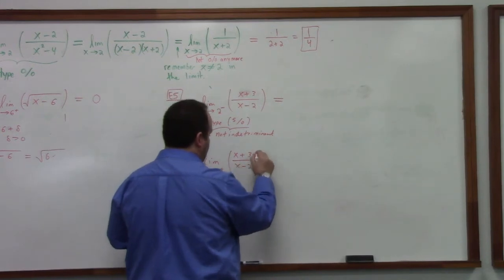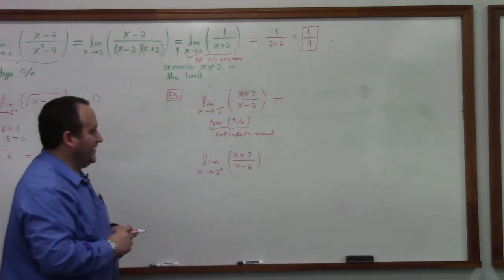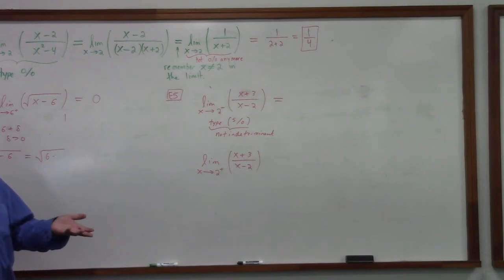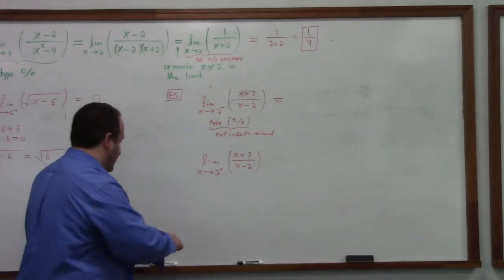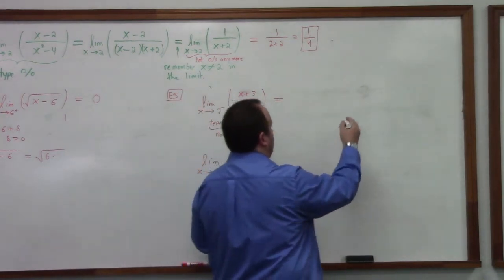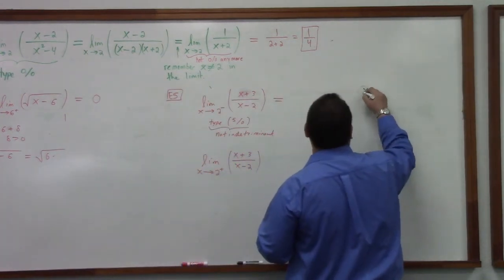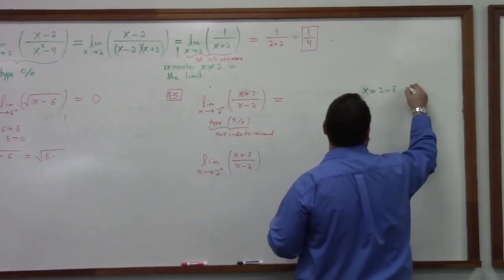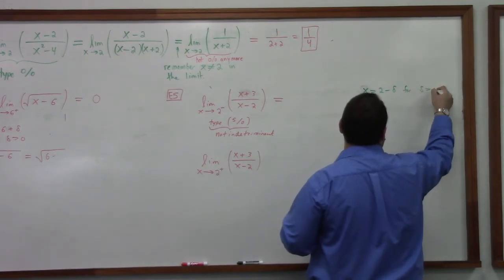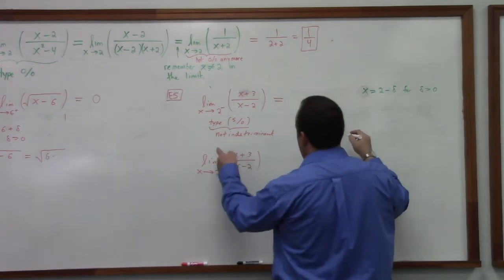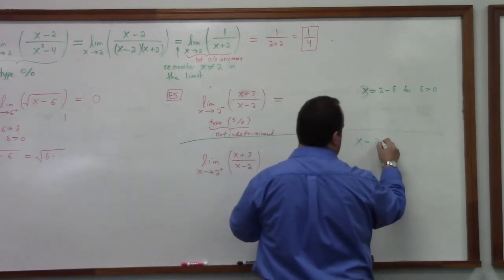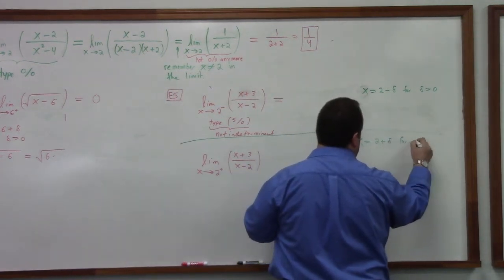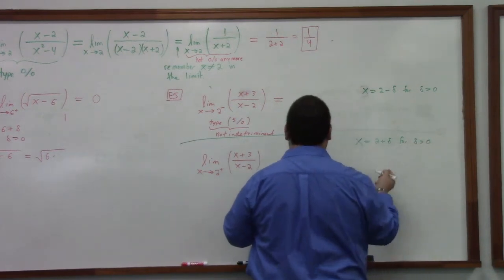There are different ways you could handle this. You could think about actually plugging in values, right? But I personally like to set x equal to 2 minus delta for delta greater than 0 for this one. And for the second one, I set x equal to 2 plus delta for delta greater than 0, but delta super tiny.